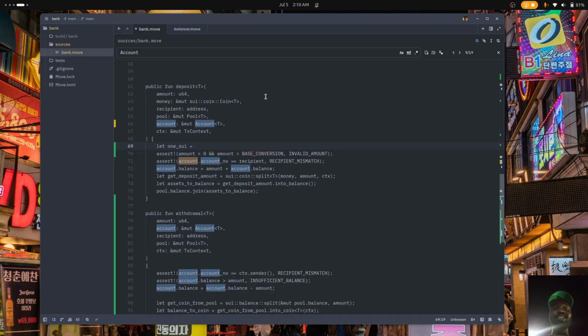So one sui is going to be converter, this converter by service fee.